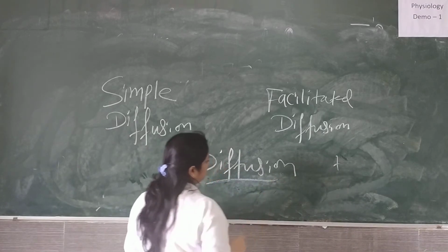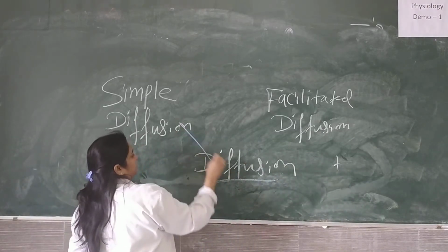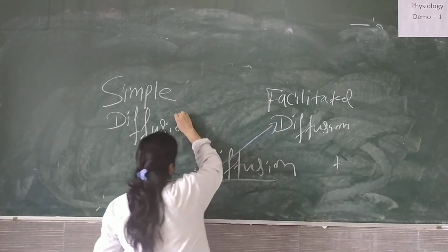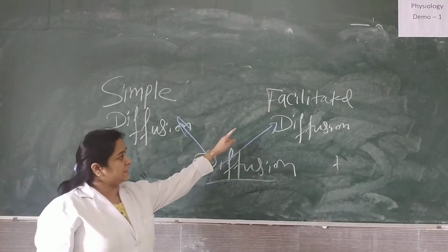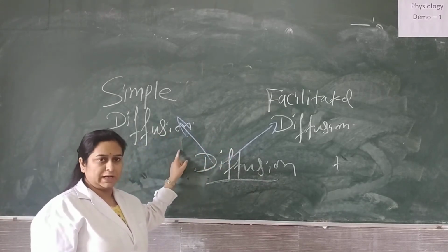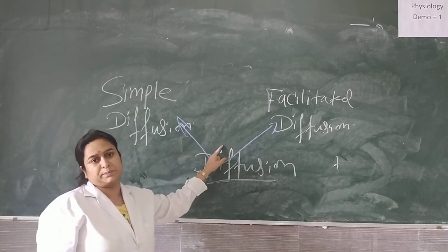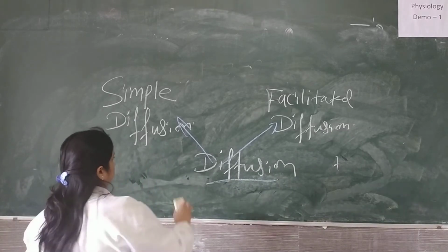Now, diffusion is divided into simple diffusion and facilitated diffusion. In both conditions we do not require ATP. There is no energy expenditure. First we will talk about simple diffusion.